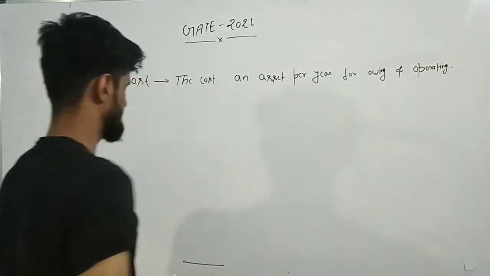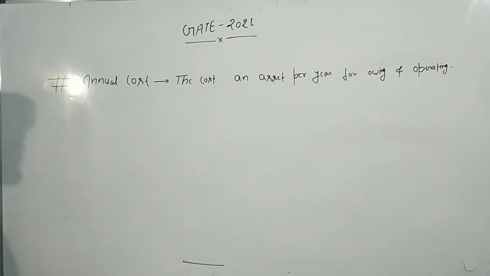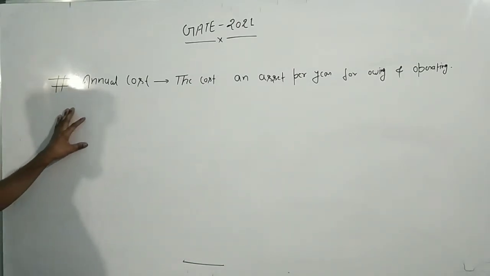The cost of an asset owning and operating, per year, is called the annual cost.